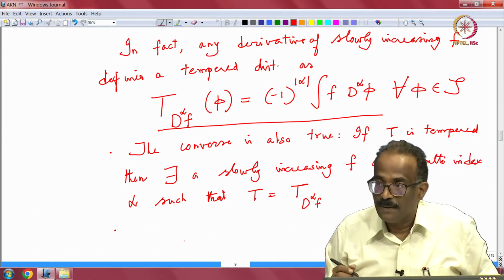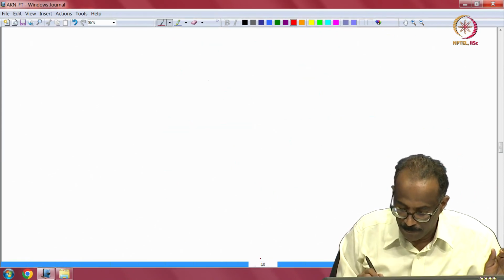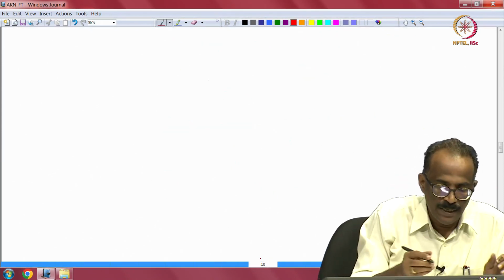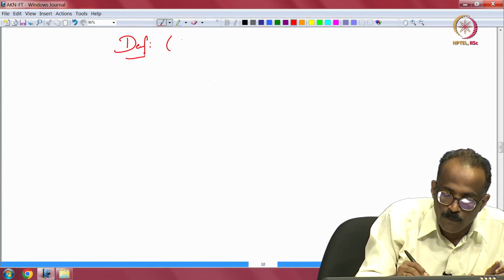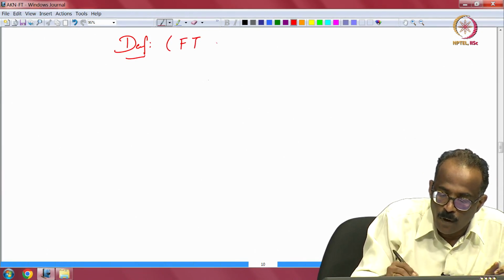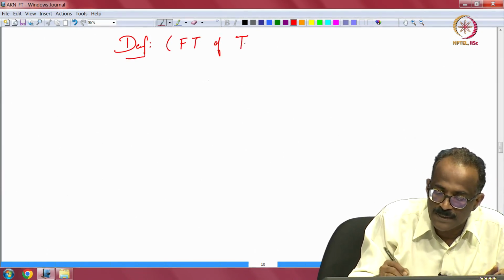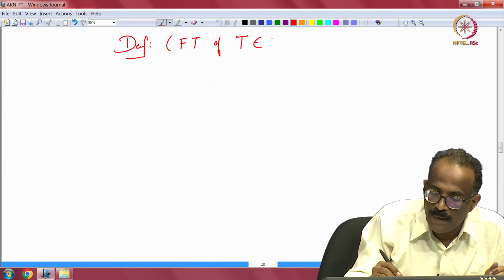So, with this we will go to the definition now. Fourier transform of a tempered distribution T in zeta prime.